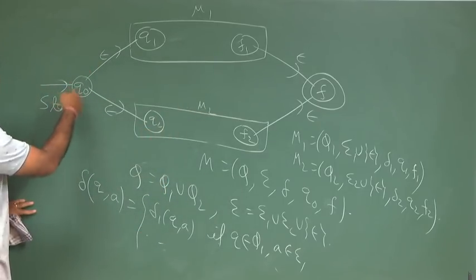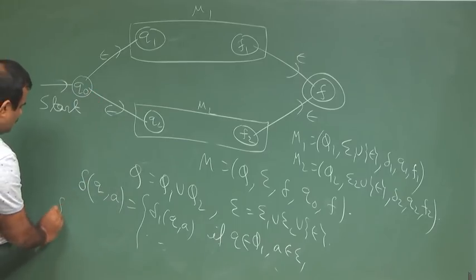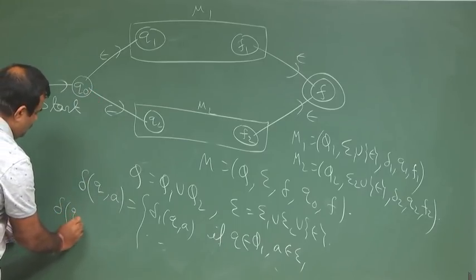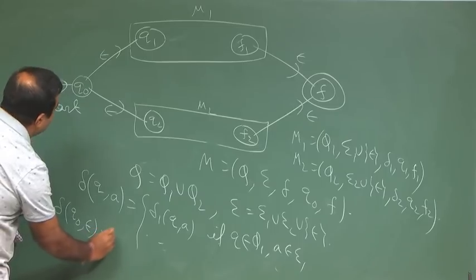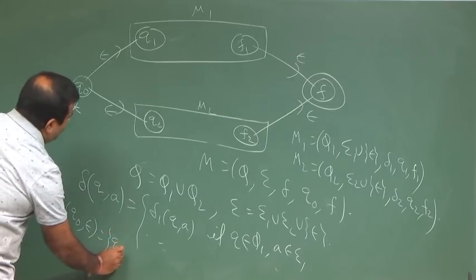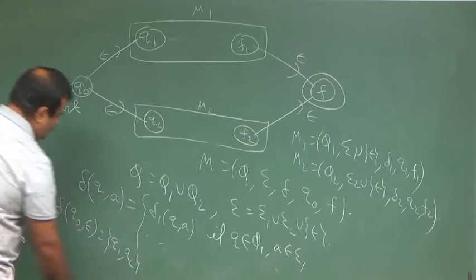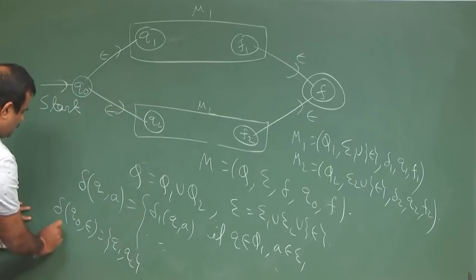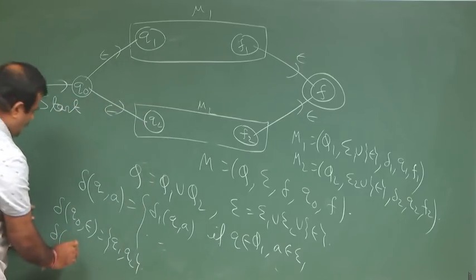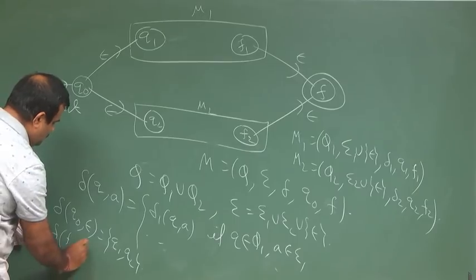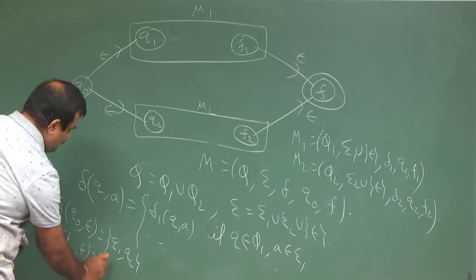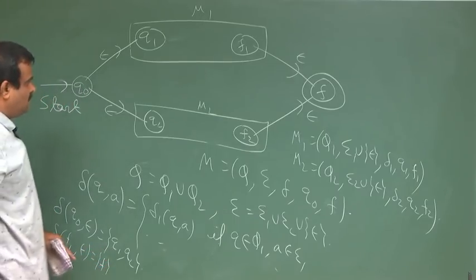And we have 2 epsilon moves over here. So, delta of q0 epsilon is nothing but q1 and q2. And there also we have epsilon moves, delta of f1 epsilon, which is f, and similarly f2 epsilon, which is also f.